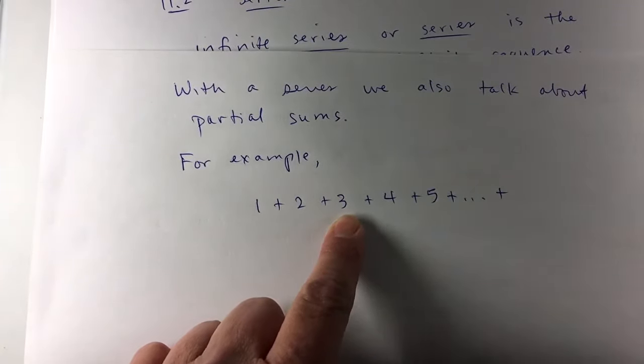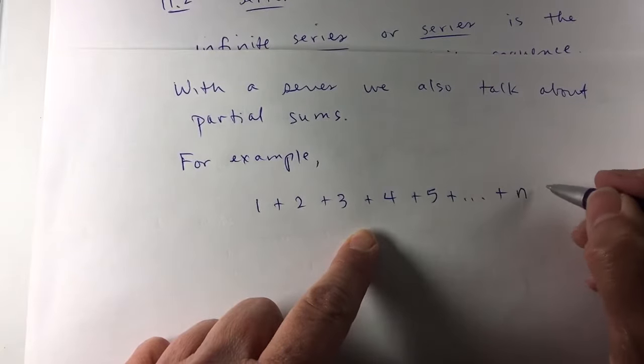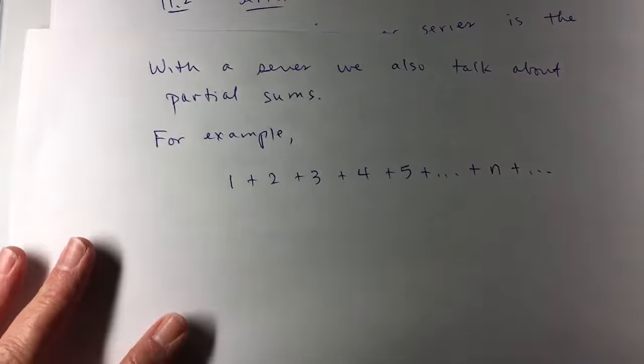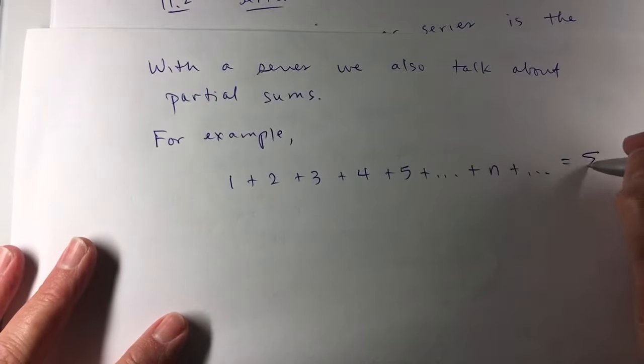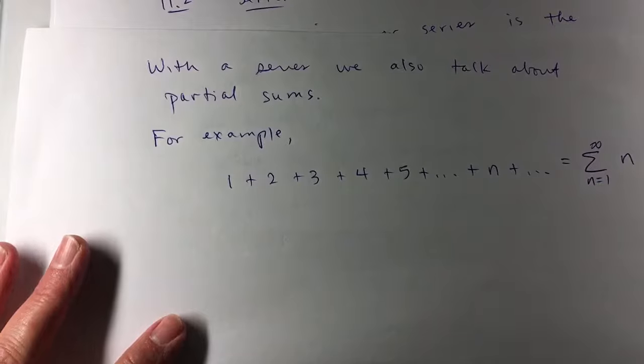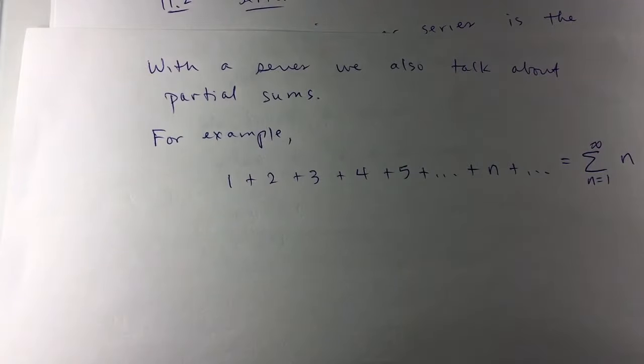So the nth term is going to be n. So there's a series, and I could write it as the sum as n goes from 1 to infinity of n. When n equals 1, it's 1. When n equals 2, it's 2. When n equals 3, it's 3, and so on.